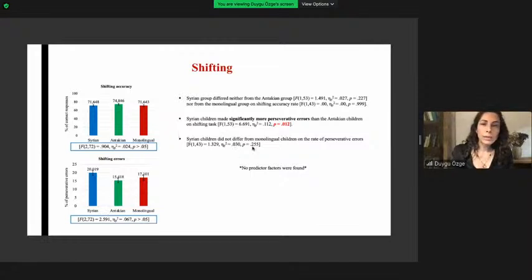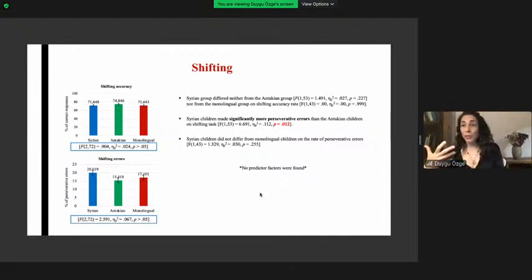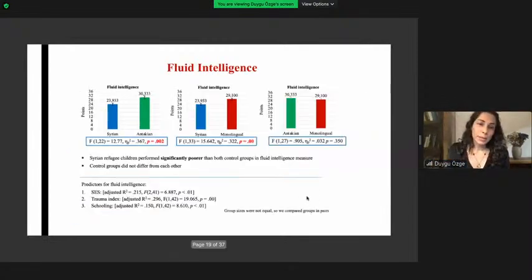We saw that Syrian children didn't differ from monolingual children, so they performed similarly. This was also interesting because children coming from low socioeconomic status do not show some advantage. Monolingual children do not show any advantage over Syrian children with respect to their cognitive abilities here.